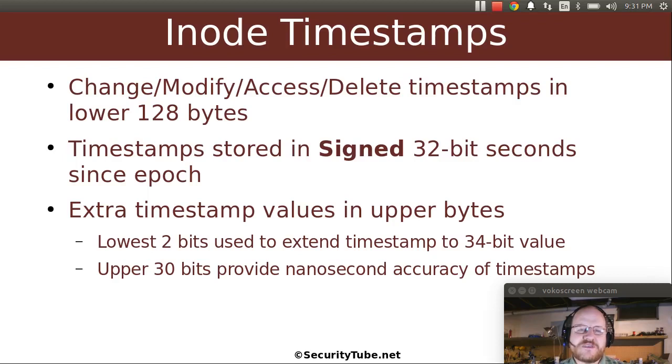We'll all be dead by then, but who knows? Maybe our ancestors will still be running Linux and still doing forensics. The upper 30 bits are used to store the nanoseconds that should be added to the timestamp. So you now have nanosecond accuracy on these timestamps.